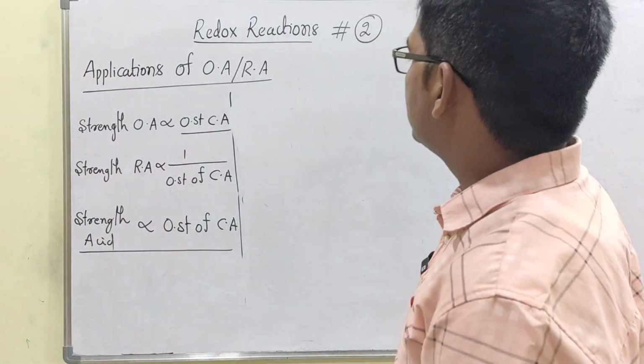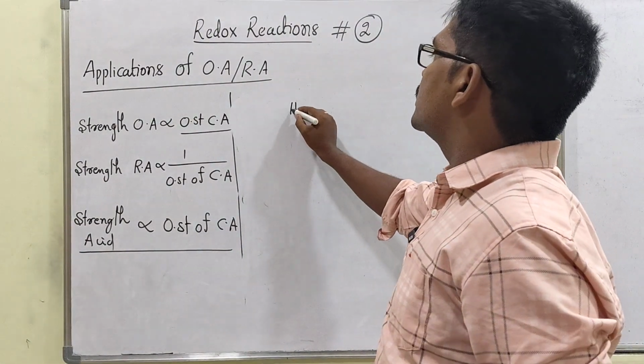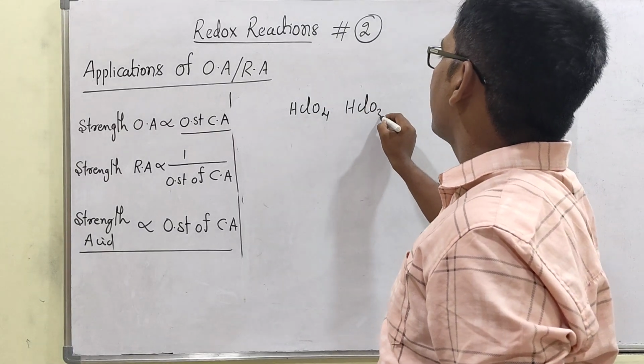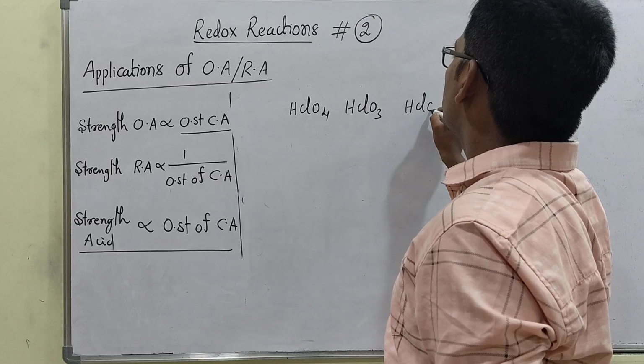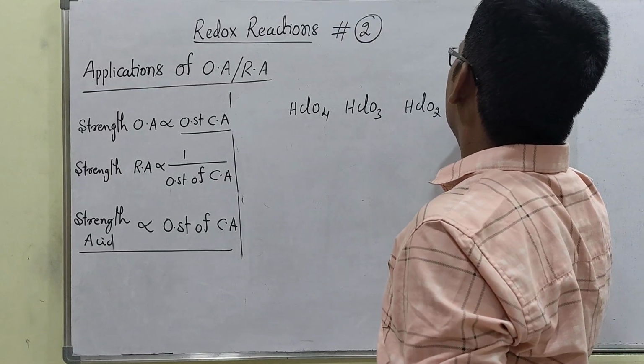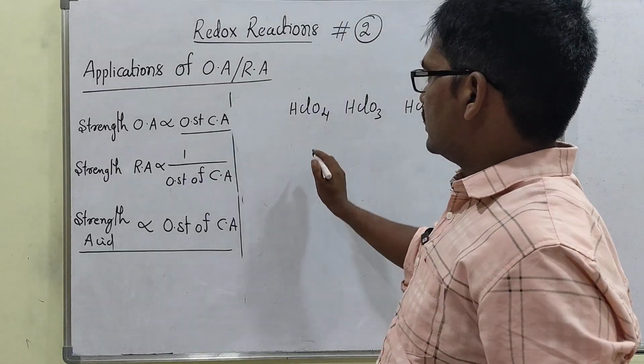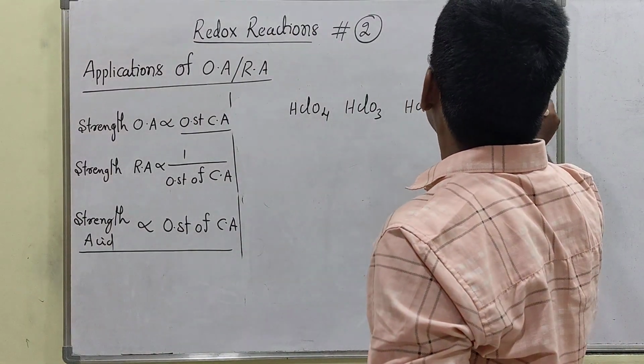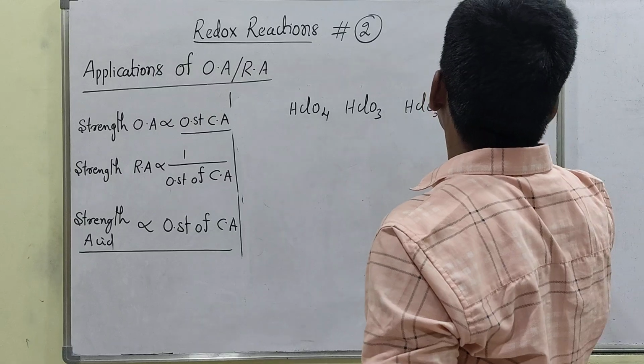For example, if you take HClO4, HClO3, then HClO2, then HClO. Sir, if they ask oxidizing agent power, oxidizing agent.